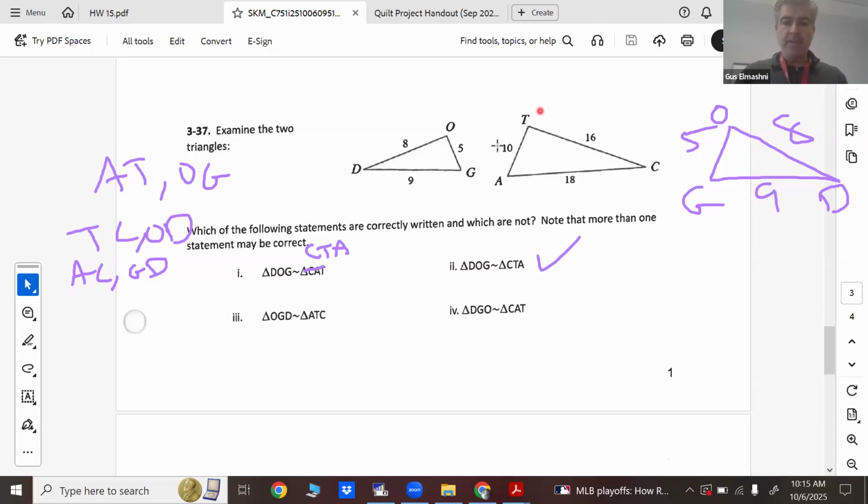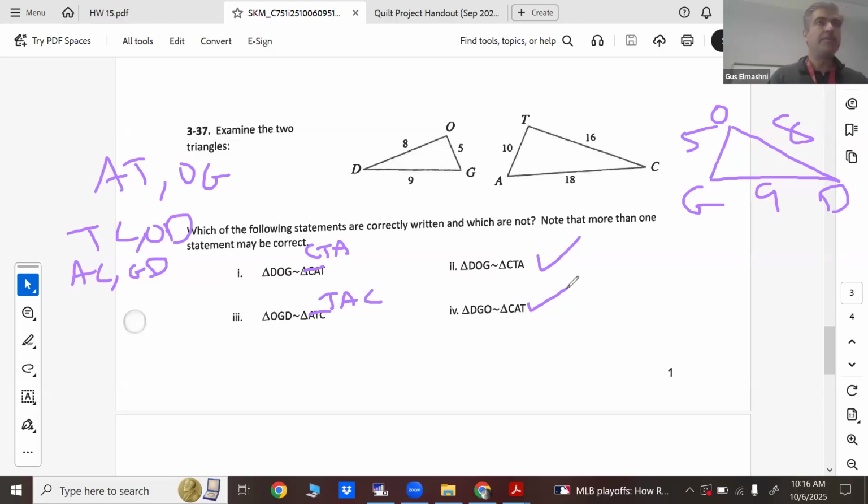OGD, that should be TAC. So that's no good. DGO, so I'm going clockwise. DGO is the same as CAT. It is. So actually, it's even more imperative that we reorient it so you do it right, because otherwise you're going to really confuse yourself.